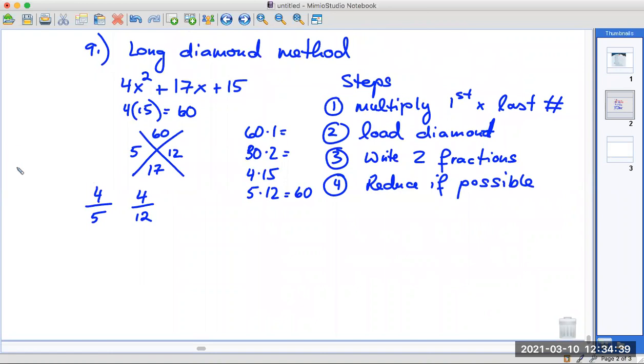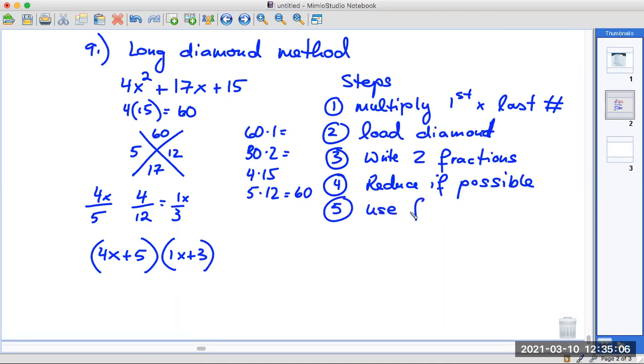So if you reduce where the denominator is a 1, you have to write it over 1. So 4/5 you cannot reduce, but 4/12 is 1/3, correct? So then you attach your x to the top and you write your answer sideways. So then use fractions as answer.